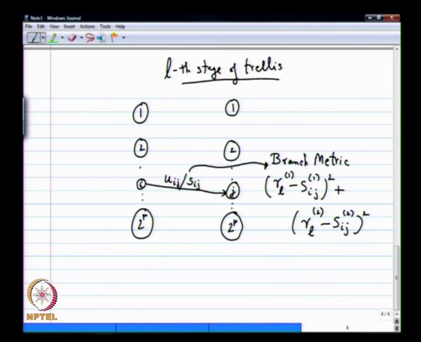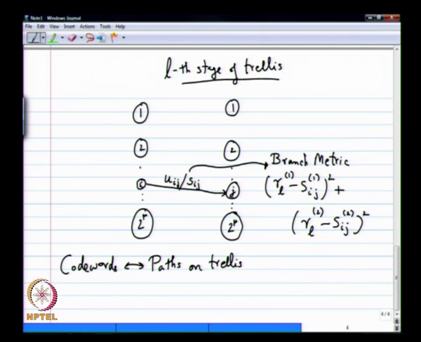So, the goal now is, okay, so the soft ML task of finding the code word closest in terms of Euclidean distance can be written in terms of the trellis. Okay, so what you have to do for that is you have to first use this idea that code words correspond to paths on the trellis.